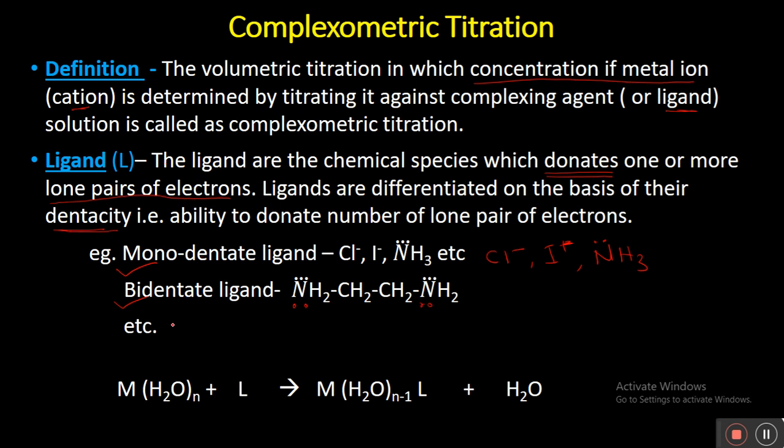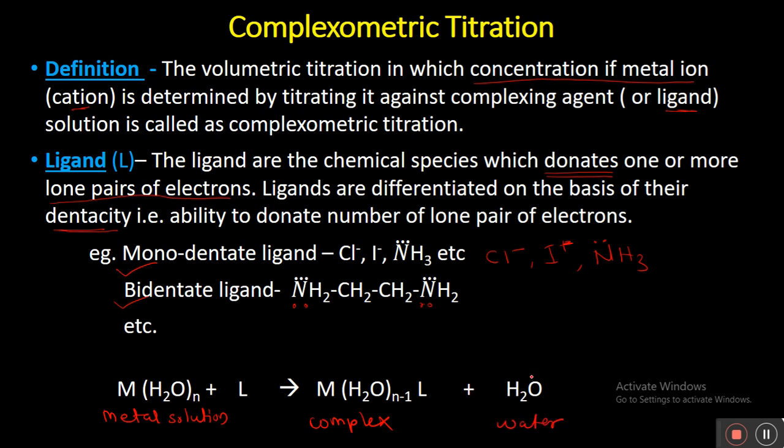Now how is this complexometric titration represented? This is our metal ion solution. When this metal ion solution is titrated against this ligand solution or the complexing agent, then we get this metal ligand complex, and the water molecule is separated out.